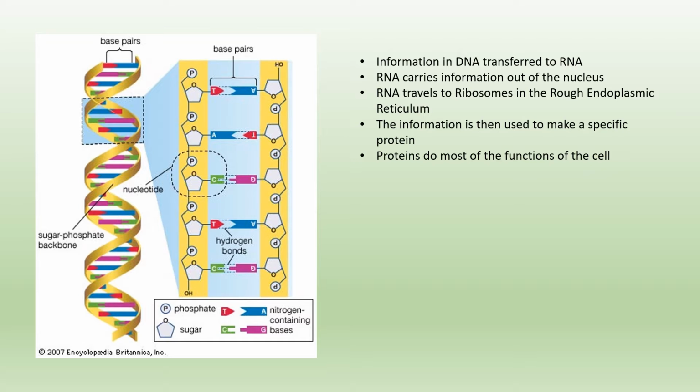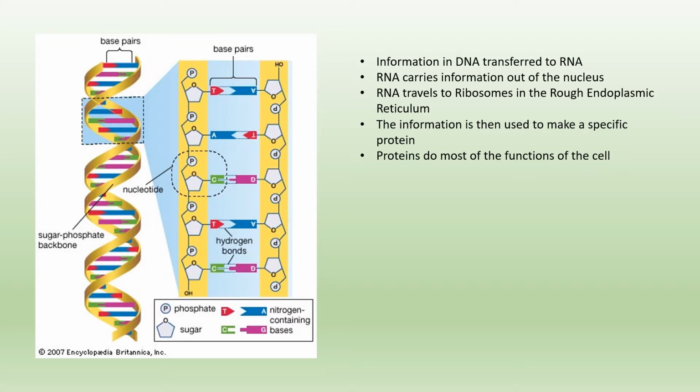There's a lot of similarity between these two, but there are a few differences as well. One of which is that the RNA carries the information: it copies the information from the DNA and carries it out of the nucleus. Most of the time it goes to structures called ribosomes that are on the rough endoplasmic reticulum.